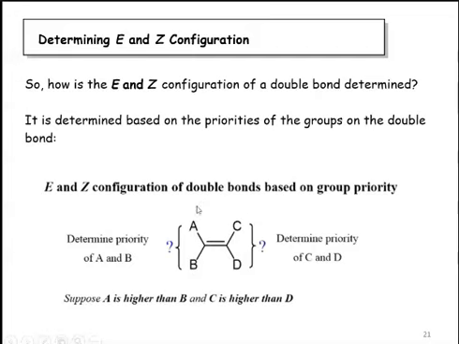When we compare the priority of A and B, and compare the priority of C and D, we find that one of them has higher priority and the other has lower priority. Suppose A has higher priority than B and C has higher priority than D.